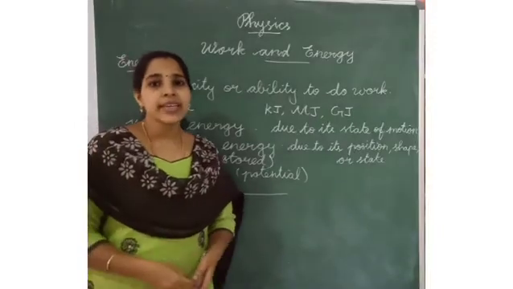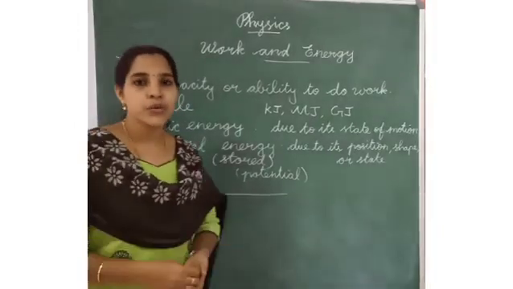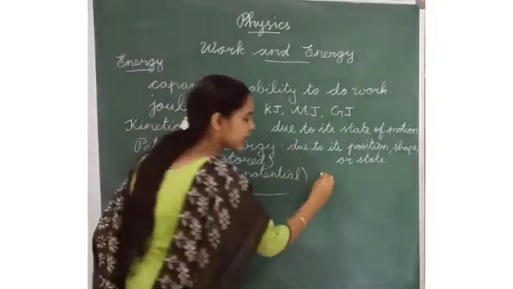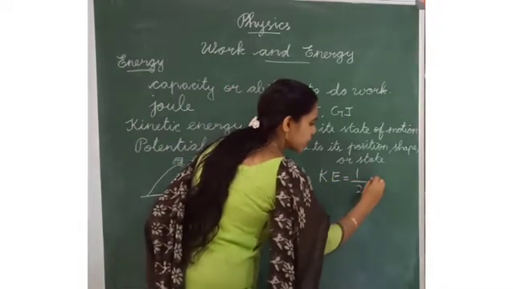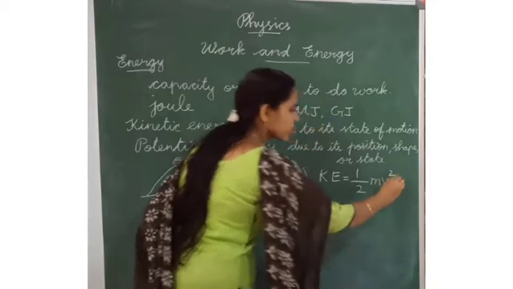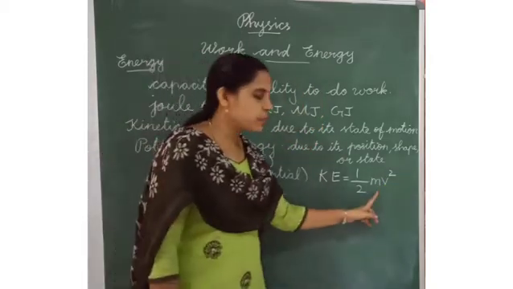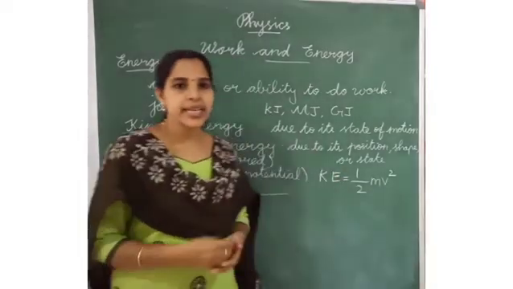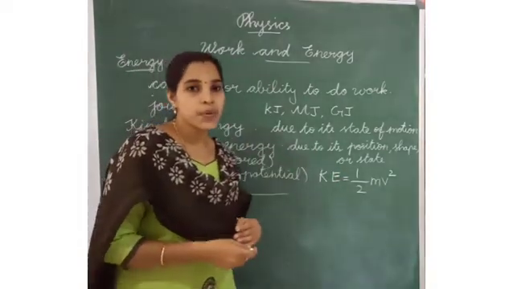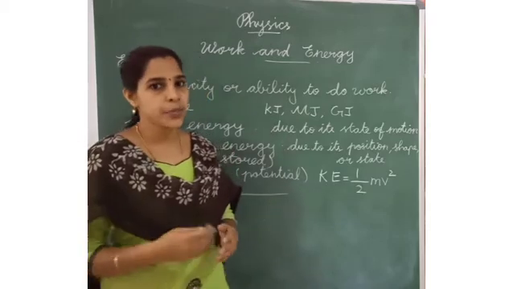When we calculate the kinetic energy, we have to use one formula. Kinetic energy is equal to 1 by 2 m v squared. M means mass, v means speed. Listen here. This kinetic energy depends upon the mass and speed.